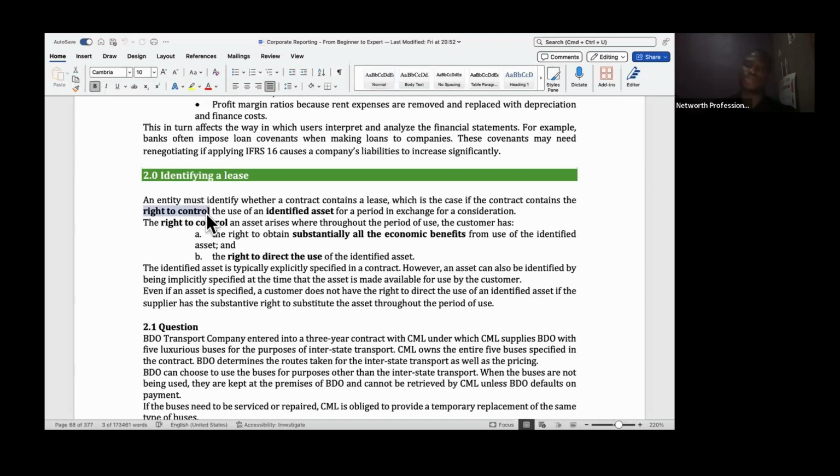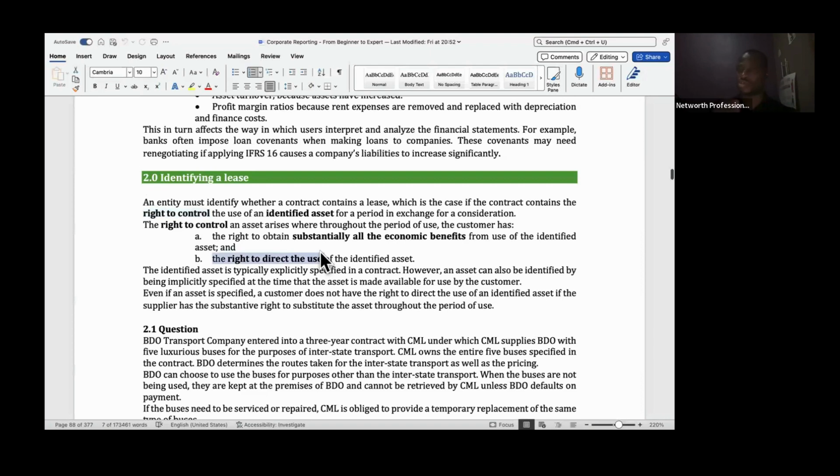Right to control means that it is the lessee that is obtaining substantially all the economic benefit from the use of that asset, which goes to show that it is the lessee that uses the asset and gets all the money that is made from that asset. It's also the lessee that has the right to direct the use of the asset, in the sense that it takes decisions about whatever it wants to use the asset to do.